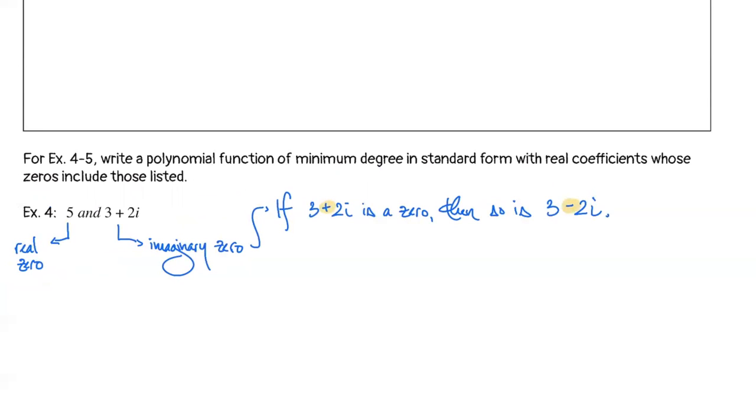Plus, minus. I talked about something called complex conjugates in the 3.1 lecture video. We're using those complex conjugates here. So if 3 plus 2i is a 0, so is its complex conjugate.